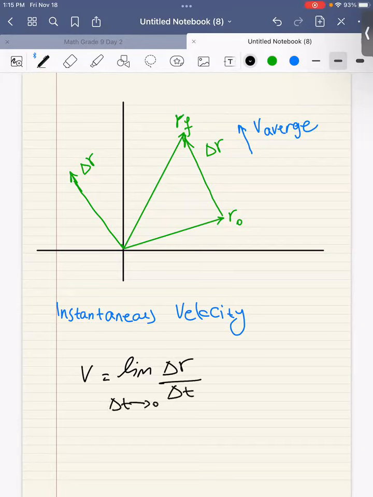If you know calculus, this is equal to dr by dt, the derivative of position with respect to t. Have you ever heard about derivatives? Okay, I will tell you, don't worry. So it's the derivative of position with respect to t, but it's still a vector.